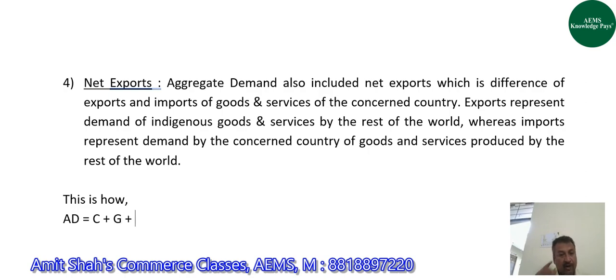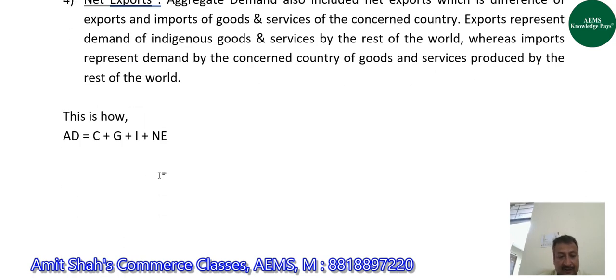G is consumption expenditure on final goods and services by the government sector. Then we have I, that is investment expenditure of all the sectors. And then we have net exports. This is how we have four components of aggregate demand. I hope you all have understood this, right?